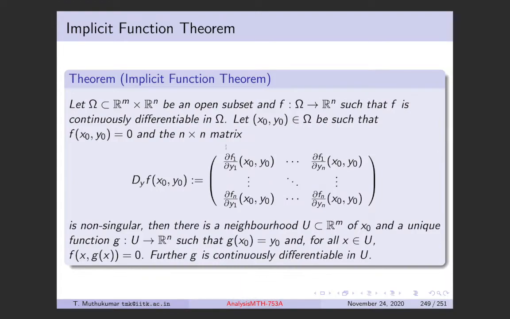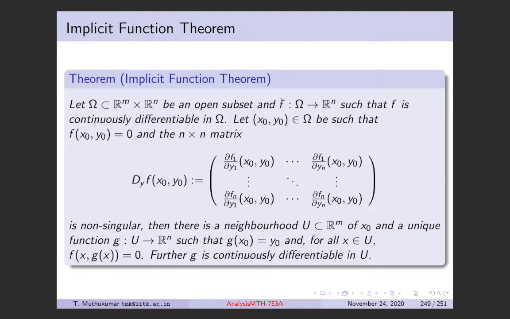So that's the statement. Omega is a subset of Rm cross Rn, and f is a map from omega to Rn. Just for convenience's sake, we have divided the domain. Usually our function f is from Rm to Rn, but for convenience we have divided the domain as a product of Rm and Rn, where the range is the same as the second Cartesian factor.